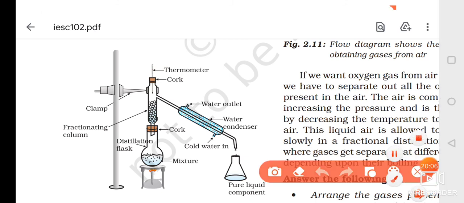So the alcohol will reach the top and get separated, but the water will be able to reach only near this portion of the column. I'm talking about 80 degrees Celsius; right now the mixture's temperature has not risen beyond 80 degrees Celsius.